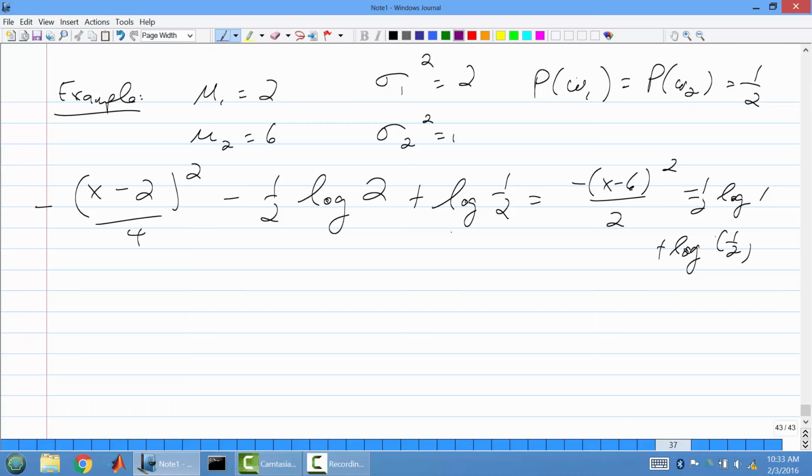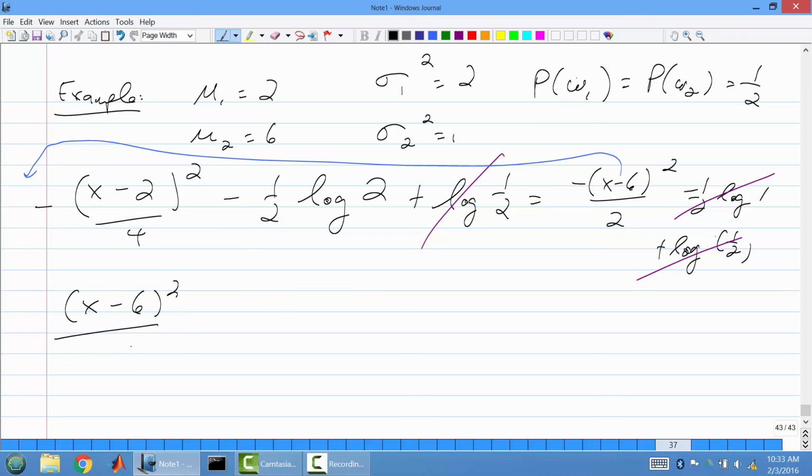Okay, so the log half terms cancel out because they're on both sides, and log of 1 is 0, so that cancels out. Now I'm going to bring this over here. So in this case you have x minus 6 squared divided by 2 minus x minus 2 squared divided by 4, and then minus a half log 2 equals 0.